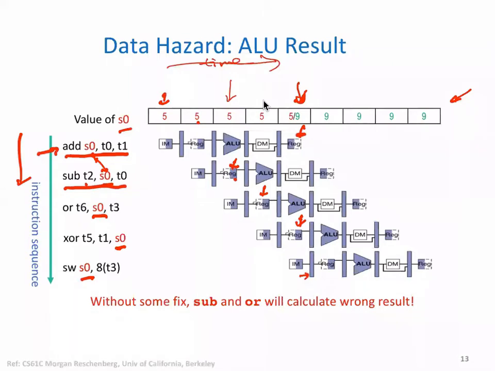Only after completion of the first instruction is the correct value available, which is 9. So all these instructions, the second, third, fourth, are using the wrong value. Yes, the second and third of course are using the wrong value.